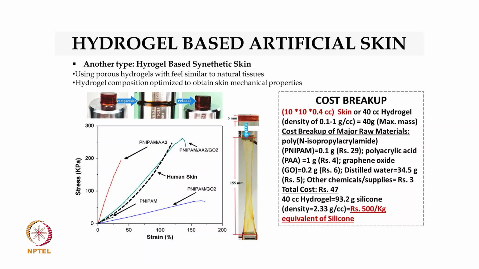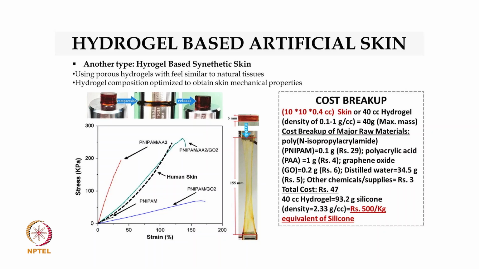Graphene oxide, GO, would cost around rupees 6 for every 0.2 grams. The distilled water is the cheapest. 34.5 grams was needed to build one sample, and that would cost rupees 5. Other chemicals and supplies cost around rupees 3. So the total cost of material for a 40 cc hydrogel-based artificial skin was around rupees 47, right?